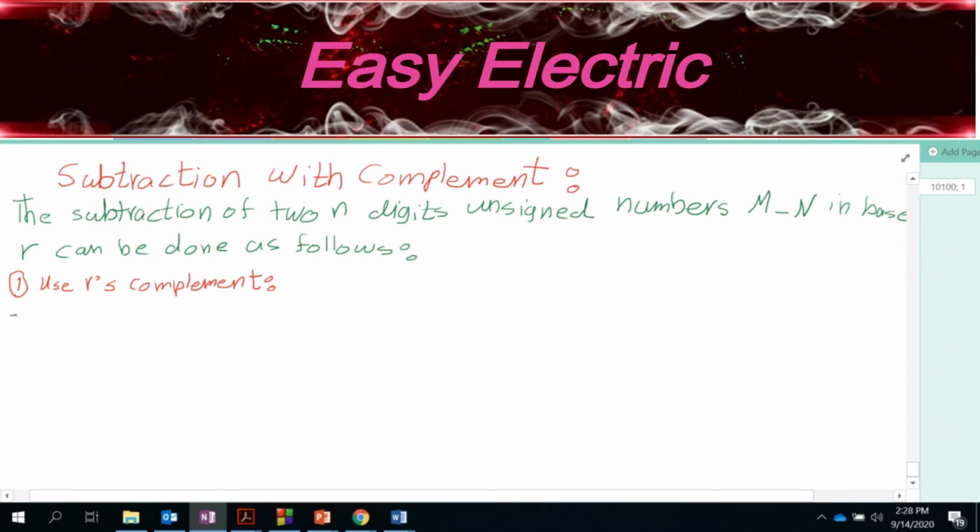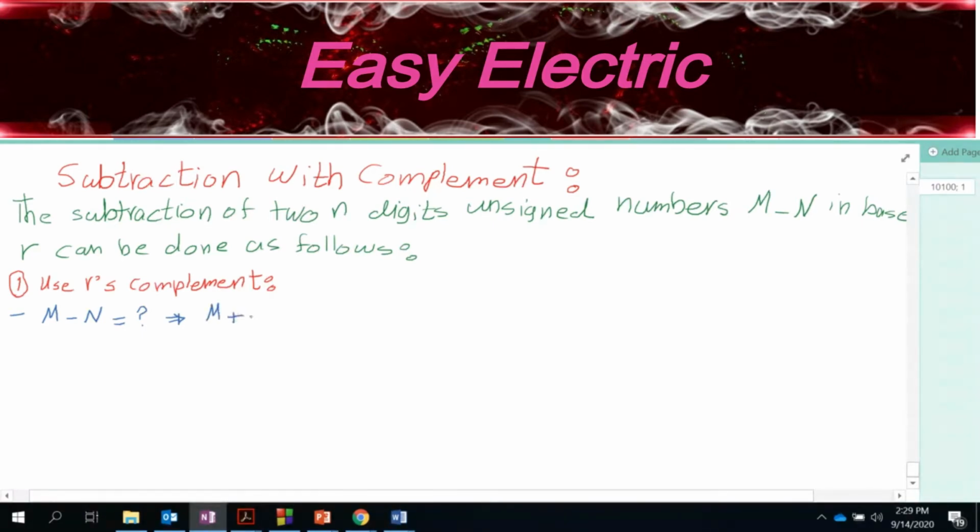I summarized the steps that are in the book here. You want to do M minus N, where M and N are the two numbers in base r. You want to calculate the subtraction, but you don't have any hardware to do the subtraction. The only thing you have is the adder. You could add the numbers. So for doing that, you say, okay, I could do this.